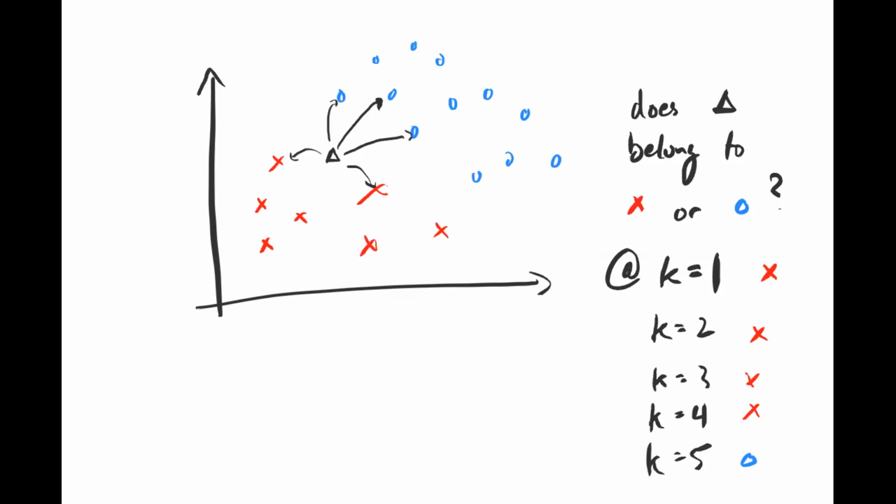I guess the whole point of this is, what if the relationship between these points isn't necessarily a straight line, right? Or it's not areas that can be cordoned off by straight lines.